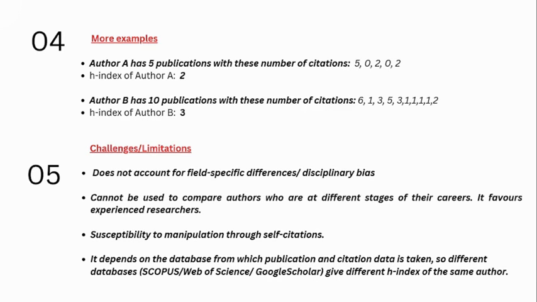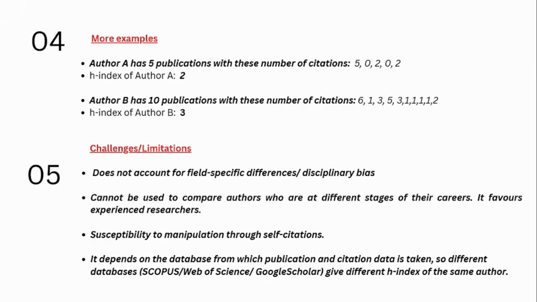Also, we cannot use this metric to compare authors who are at different stages of their careers, because obviously any experienced author is going to have more citations, because H index is going to grow as citations accumulate. So it depends on the academic age of the researcher.